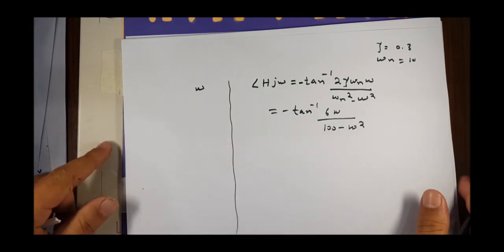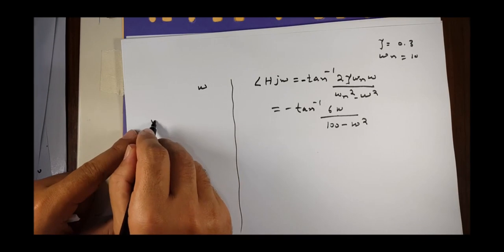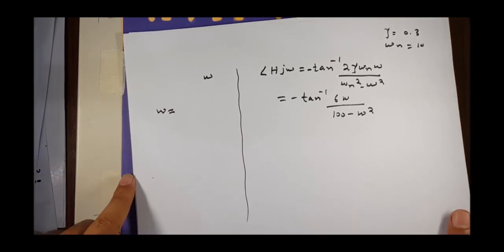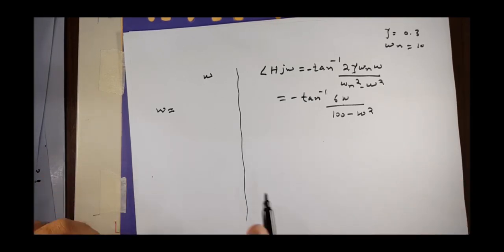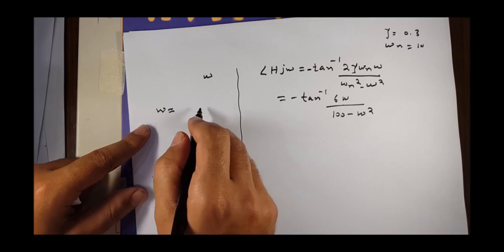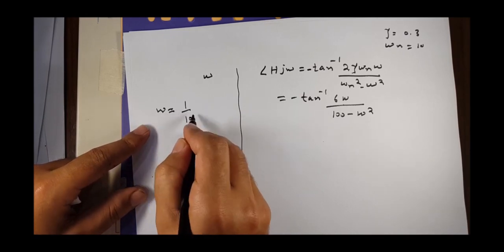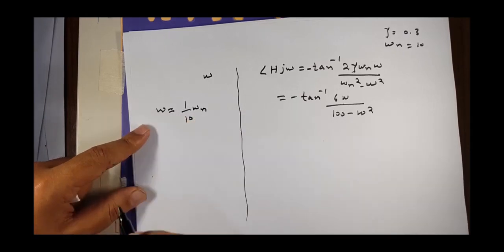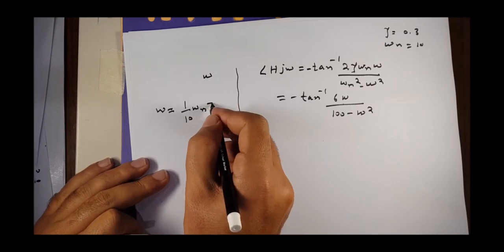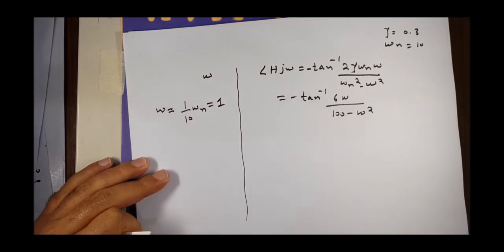Let's say, as we did in our previous case, that we were interested in just 3 frequencies. So now if omega is equal to 1 by 10 times omega n, what will be the phase?